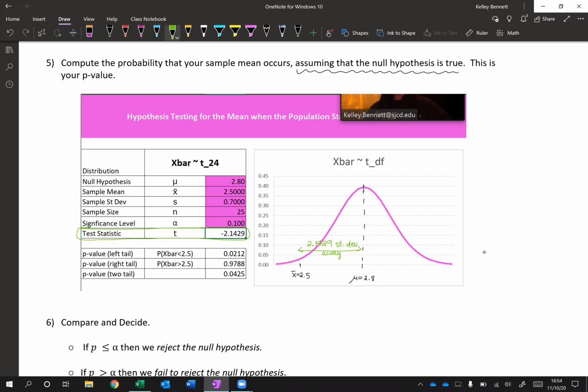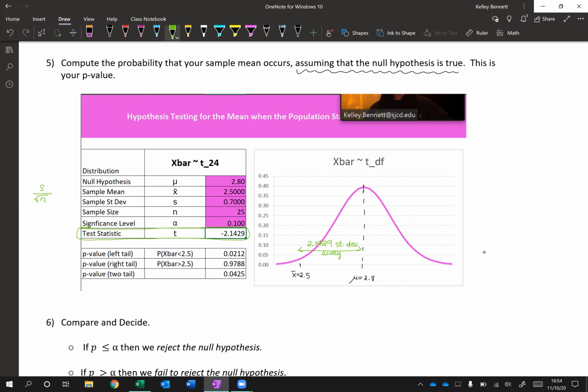Remember that the sample standard deviation, it's really not quite that. So you have to think about your old friend standard error, right? So the standard deviation for the sampling distribution isn't S, it's S over the square root of N.